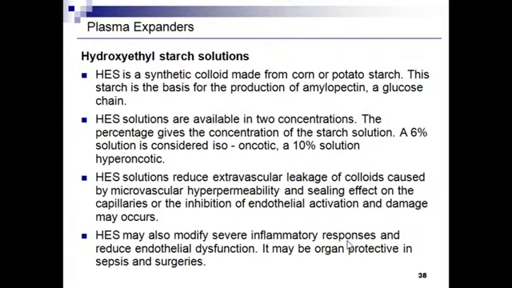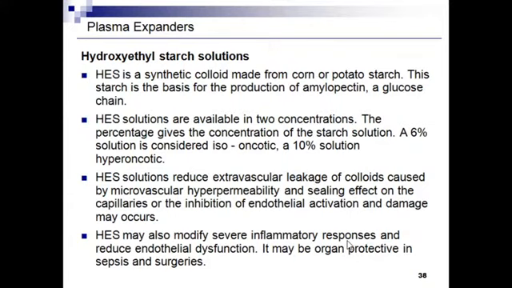Hydroxyethyl starch solutions reduce extravascular leakage of colloids caused by microvascular hyperpermeability, through a sealing effect on the capillaries or the inhibition of endothelial activation and damage. It means they stabilize the vascular membrane, seal the microvasculature, and prevent capillary leak syndrome, when the fluid escapes from vessels into the interstitial space after the start of the transfusion.